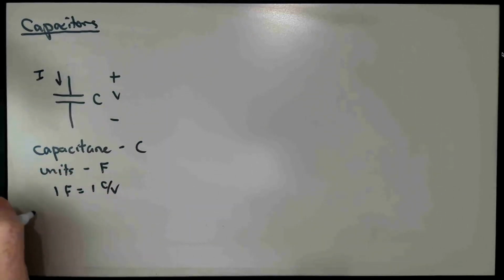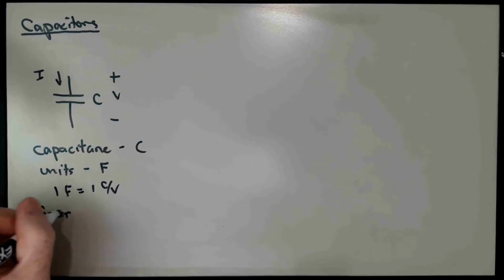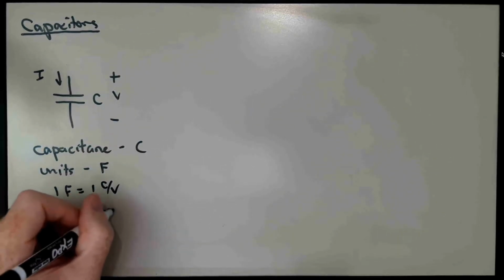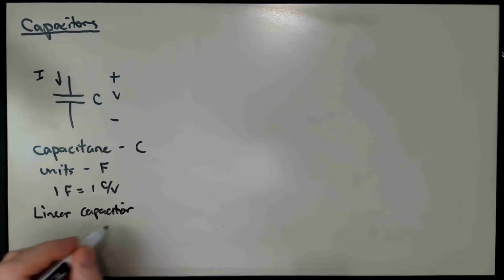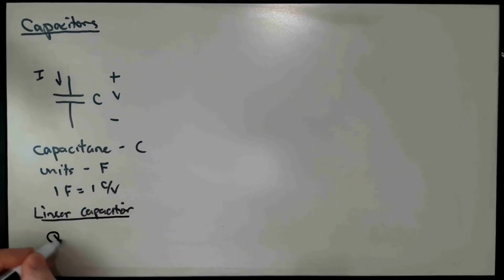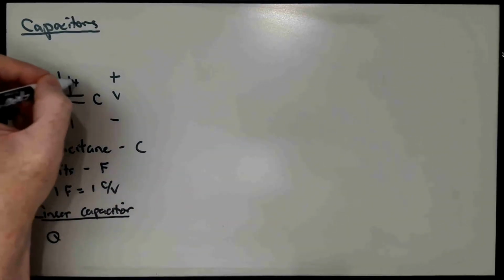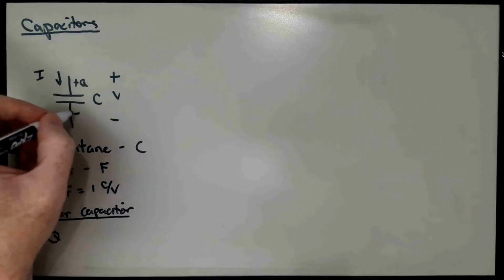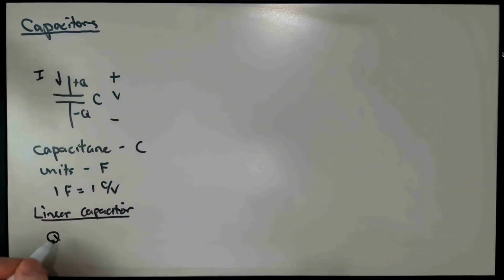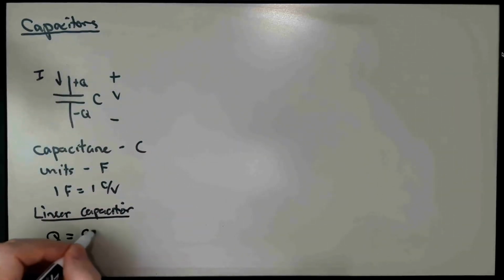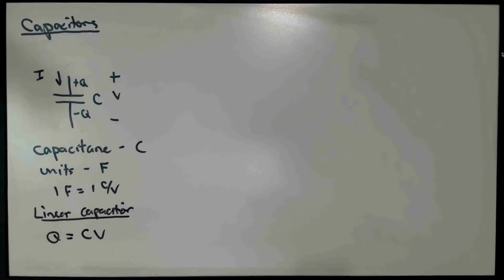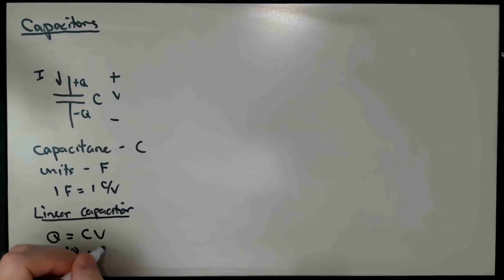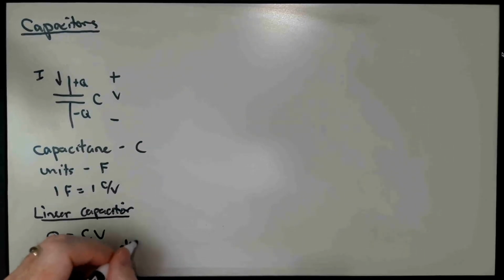So for a linear capacitor, which is of course what we're talking about, Q, the charge, so there's a plus Q on the top plate and a minus Q on the bottom plate. Q is equal to C times V. And I, which is dQ/dt, is equal to C times dV/dt.